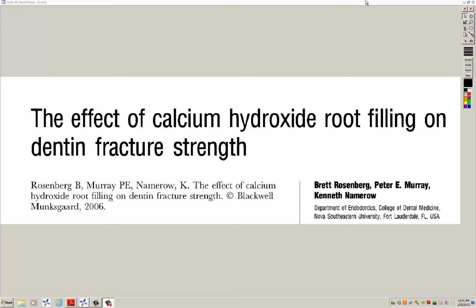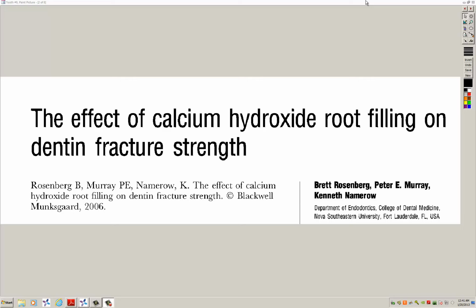Notice that we are doing something different here in this kind of thought experiment. We are not looking to nullify a hypothesis that calcium hydroxide weakens a tooth to the point that it fractures. All we are doing is calculating a probability of a root fracturing given that it's had calcium hydroxide placed, or given that it has not had calcium hydroxide placed.